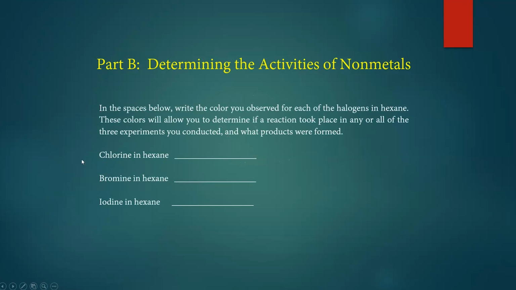Now, in order for you guys to know what to look for, we're going to first prepare 3 test tubes that just have chlorine, bromine, and iodine in them. And you'll see in the videos in a few minutes how this is set up. We're going to put some water in each of 3 test tubes, and then we'll add to the first test tube some chlorine, second one some bromine, and the third one some iodine. And then we're going to put on top of the water a layer of hexane.